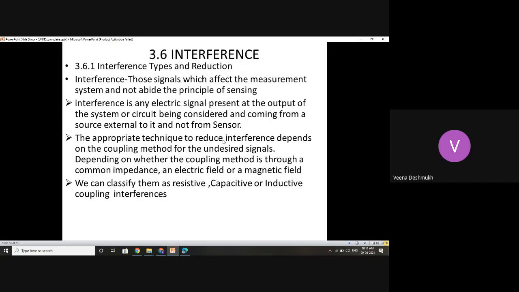That is interference. Once you design these instrumentation amplifiers with required gain and required common mode rejection ratio, usually it is around 70 to 120 dB for the 3-stage. For the 2 op-amp type, it is less than 60 dB. Maximum you can go up to 60 dB.